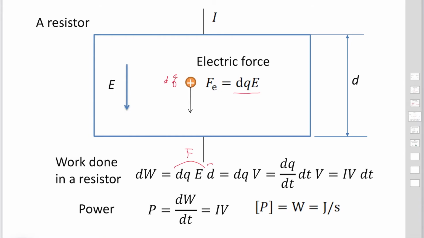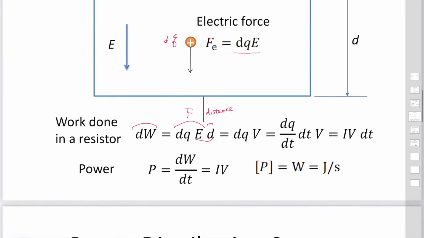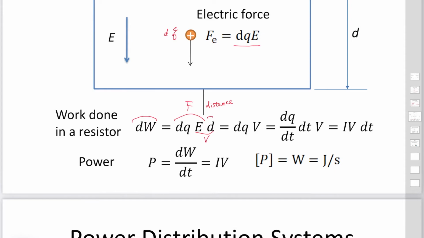Force times the distance gives the total work done on the charge. E times d is equal to the voltage drop V. So this equation is dq times V. Then if you multiply by dt and divide by dt, it is dq over dt times dt times V. So dq over dt is equal to the current I. So this equation is expressed as I V times dt.